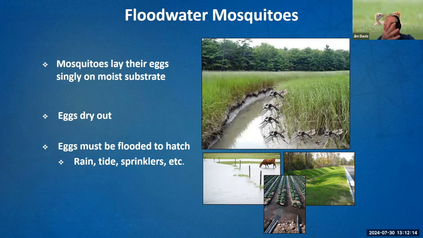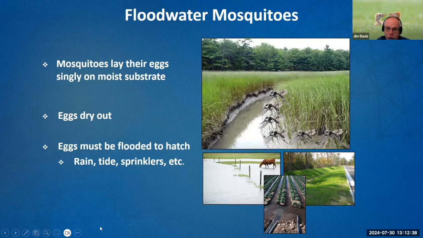Floodwater habitats can include mud flats and marshes. Think of it as kind of ephemeral. Some of the water may not be long standing, but just enough to hatch those eggs, which usually takes about a week in general.